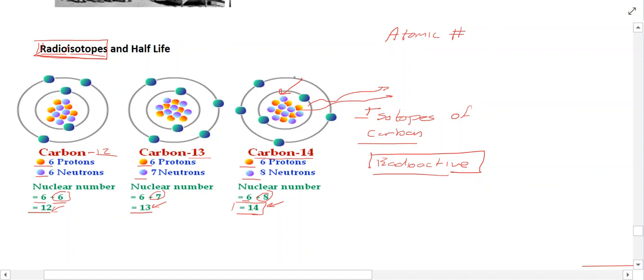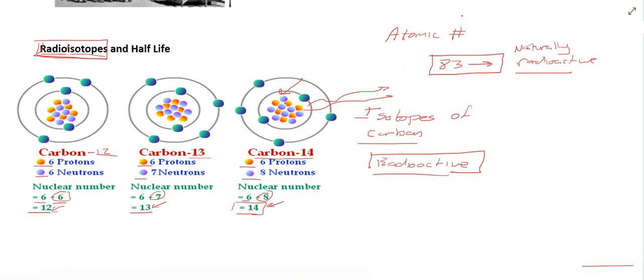Now, with isotopes, generally speaking, when you have elements that have an atomic number of, let's say, 83 or greater, these are naturally radioactive. So when you have elements on the periodic table that have an atomic number greater than 83, generally these are naturally radioactive, and they'll have isotopes that give off radiation.